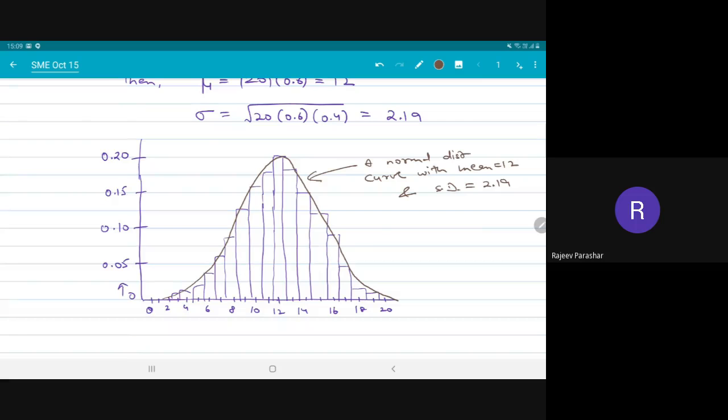So we see here that it reasonably approximates this. Now, because I've drawn it by hand, obviously there will be a bit of error as well. But if we ask a software to do it, it'll be pretty close.